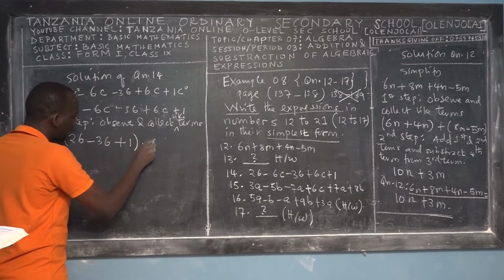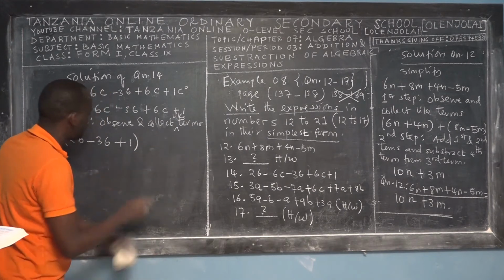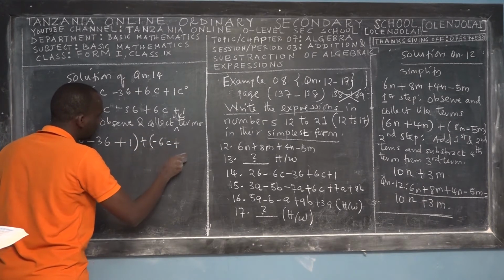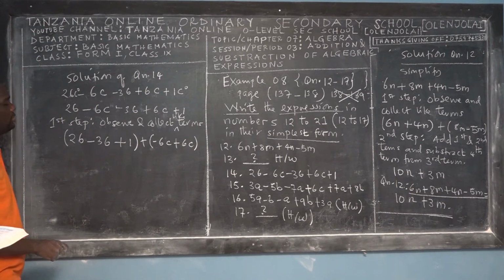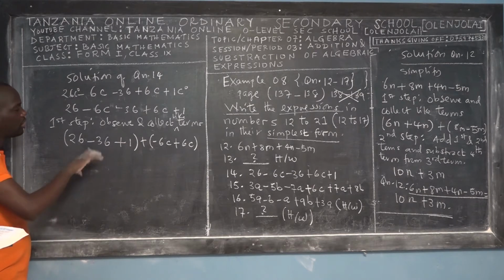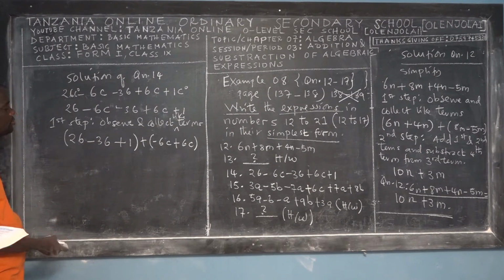And then the second term, which is negative 6c, plus 6c, right? So these are like terms. Now I've changed the positions of the terms. If you change the position of the terms, even the way that you number them will change.